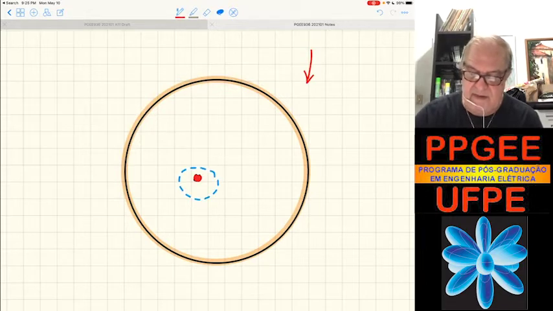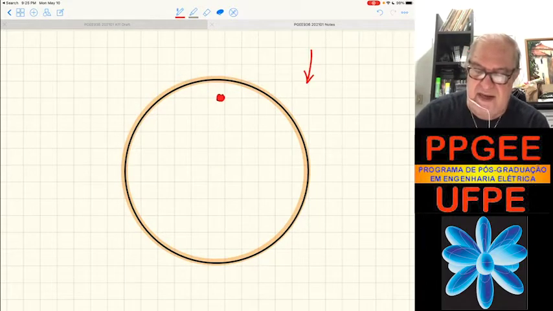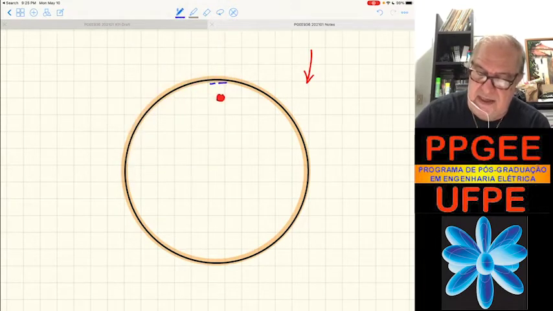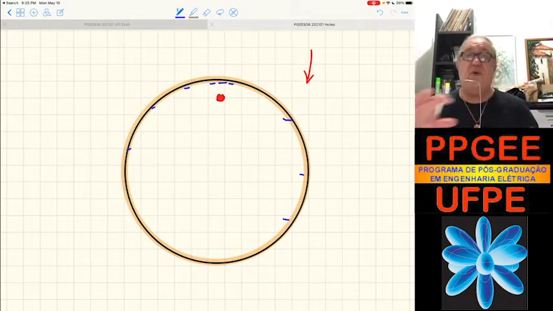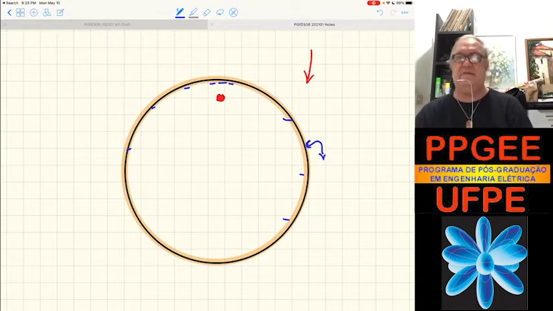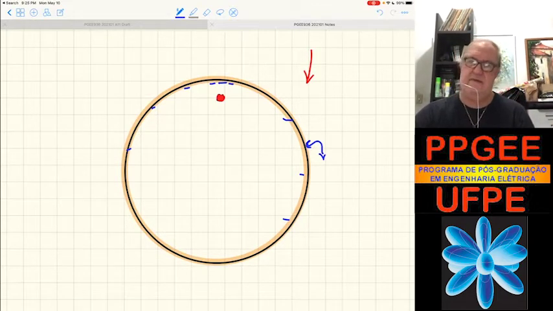I can come with the charge very close here. I can induce a lot of negative charges close, we're going to calculate that, then less negative charge far away. You have a non-uniform distribution of charge inside, but nothing happens here. That's very nice. That's shielding. Okay.